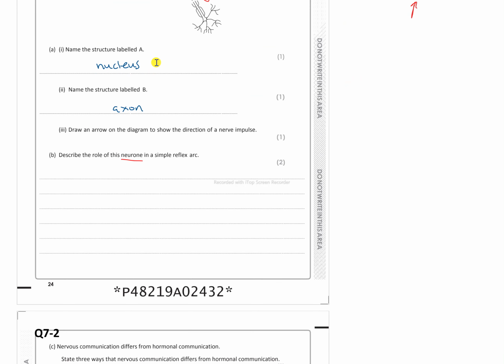Right, so what we said was it carries the impulse to the effector, and it's normally a muscle. Right, and your 2 marks will come from the words impulse and effector.